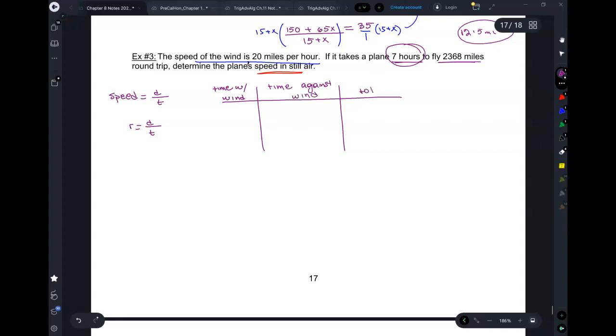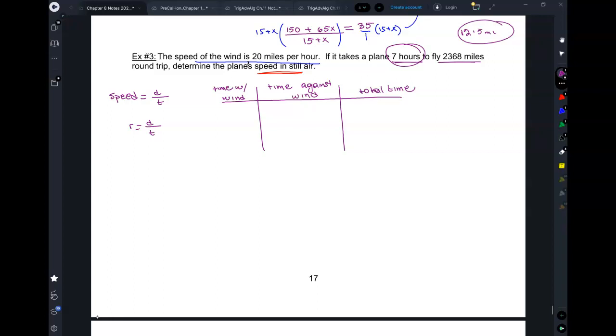And then the total time. Okay, so it takes the plane 7 hours to go back and forth. The wind is only going in one direction. If you're traveling with the wind, you're going to go a little bit faster. If you're traveling against the wind, you're going to go a little bit slower. So it's not going to be 3.5 hours, right? But the total time is going to be 7 hours. It could be like 3 hours and 4 hours, okay?